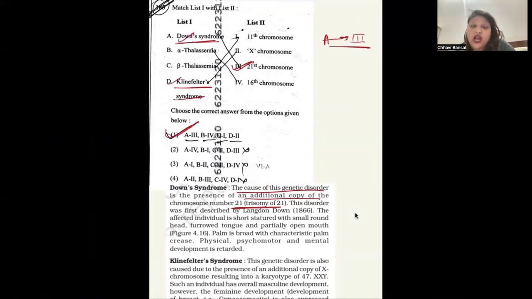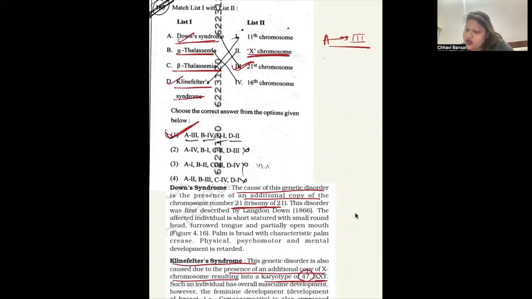These two disorders are due to an increase or decrease in the number of chromosome copies, whereas alpha thalassemia and beta thalassemia are genetic disorders, chromosome-linked genetic disorders. Let's see. Klinefelter syndrome is due to the presence of an additional copy of the X chromosome, meaning 47 total, which is XXY. So for D, option 2.